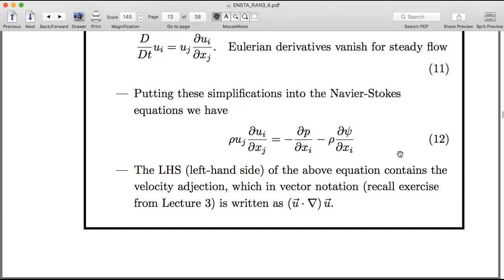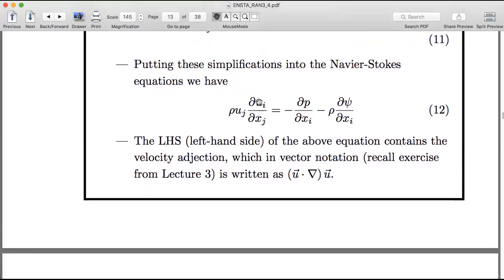And now I want to exceptionally work in vector notation, because I find it's just easier for Bernoulli's equation. That's unusual because I almost always prefer this notation, but you'll see, it's easier in vector notation.